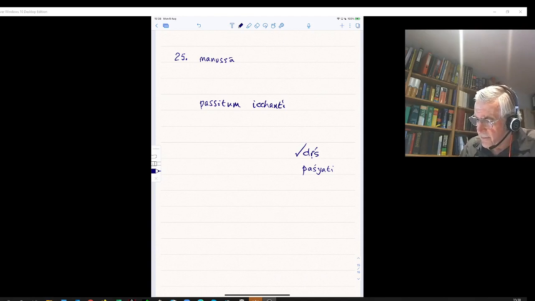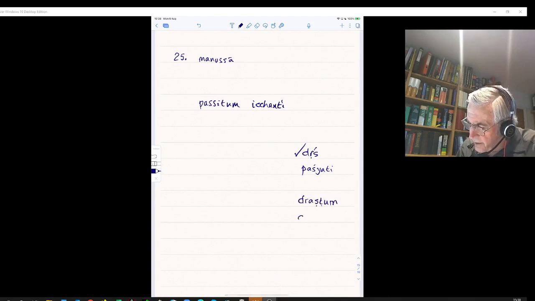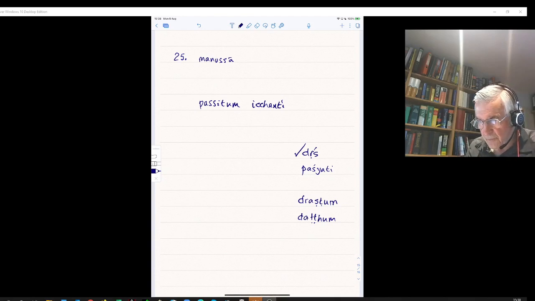Drish, pashyati. In the infinitive, in Sanskrit, it is drashtum. And in Pali, you can have datthum, by standard phonetic mutation, drashtum datthum.